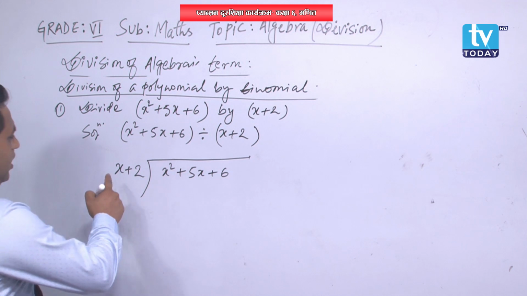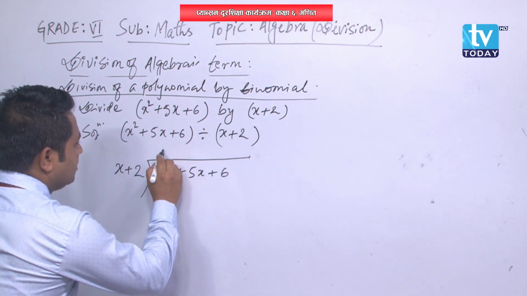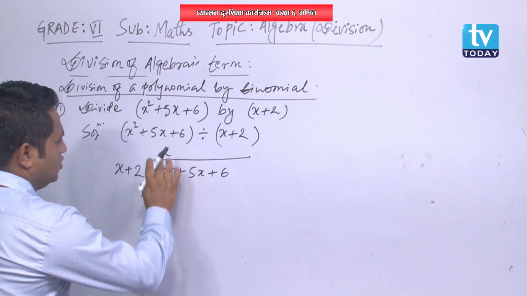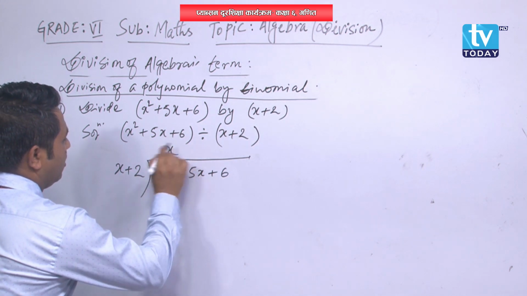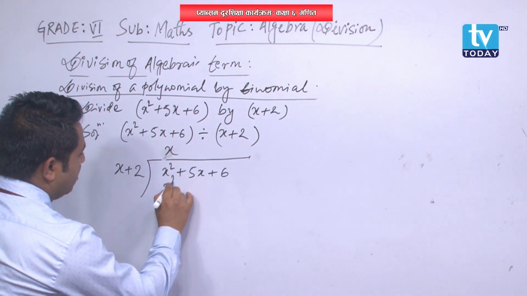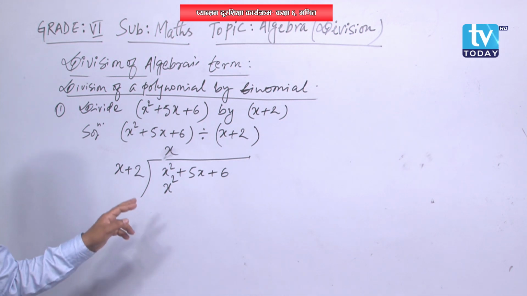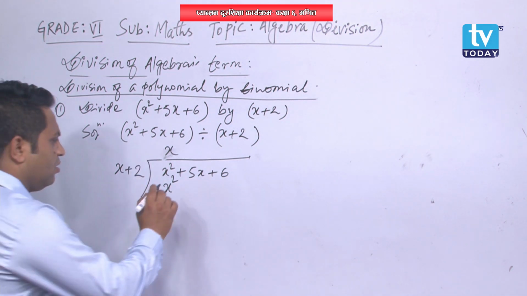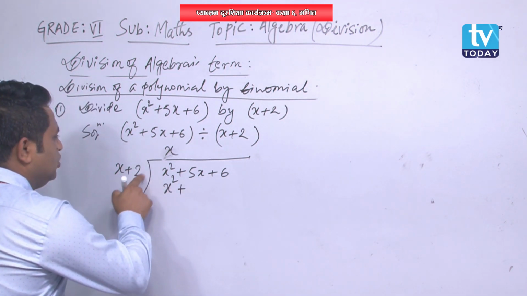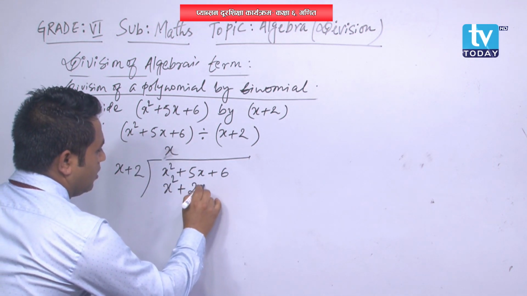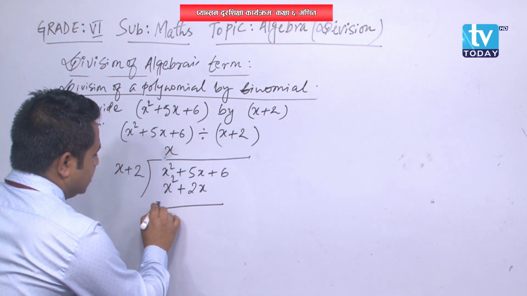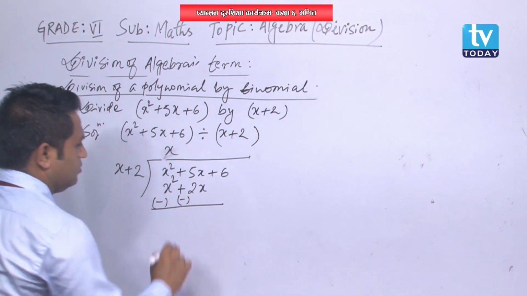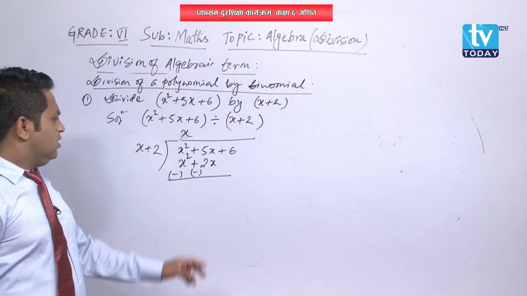So then x into x, x into x, x square, plus into plus, plus 2 into x, 2x. Please change the sign. Alright, please change the sign.